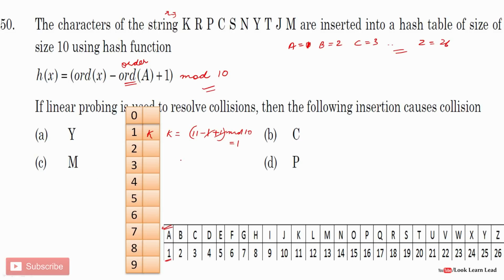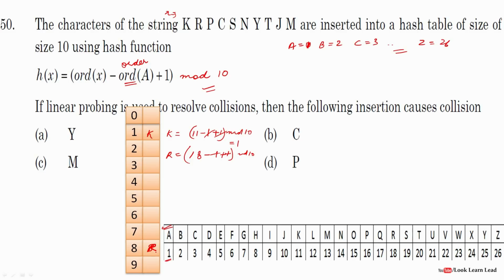Now let's check for R. For R, order of X is 18. Order of A is 1, plus 1, mod 10. So R would be placed at 8.